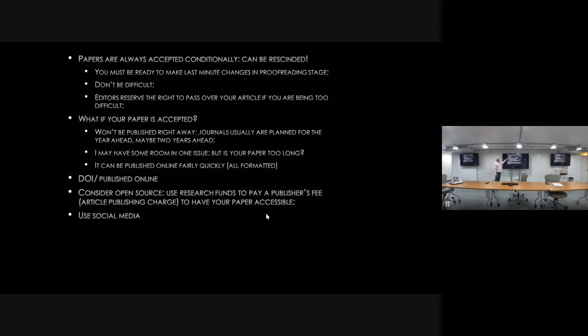What if a paper is accepted? It won't be published right away in a journal, but it will be published online. DOIs, remember those? Yeah, you'll get one. Even a couple of years ago, we used to give DOIs as soon as the paper was accepted. Now, if the paper is accepted, it's published online. If you go to the ROPE website, you look under, what is it called?